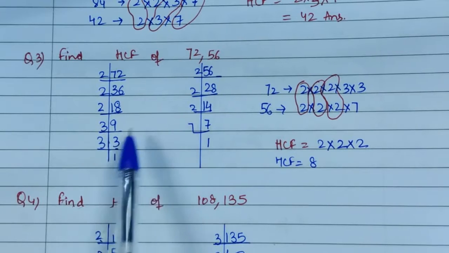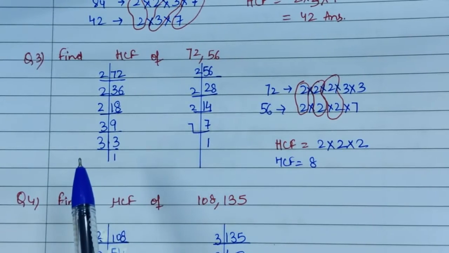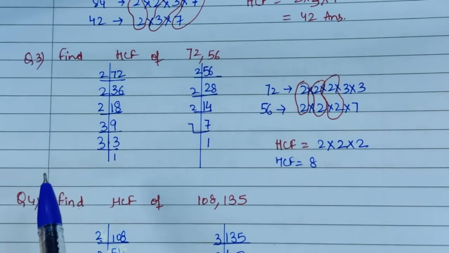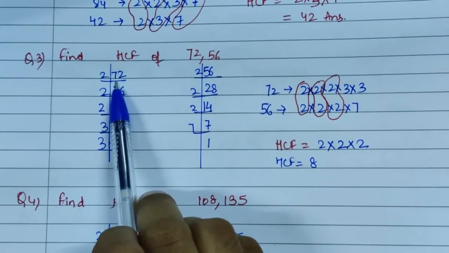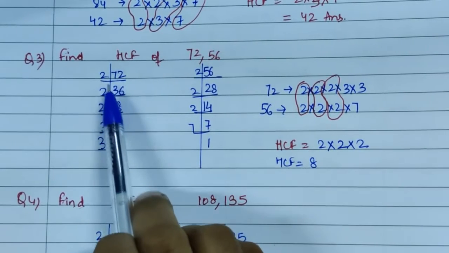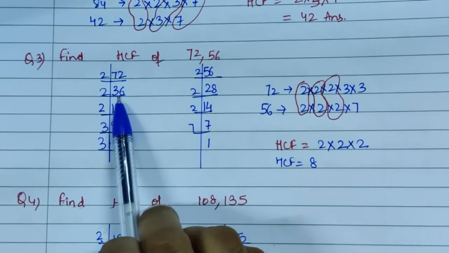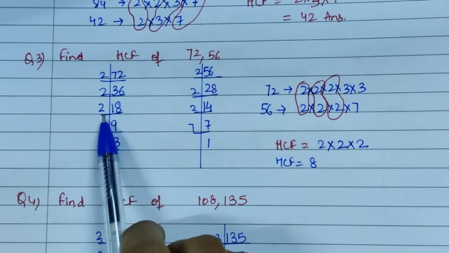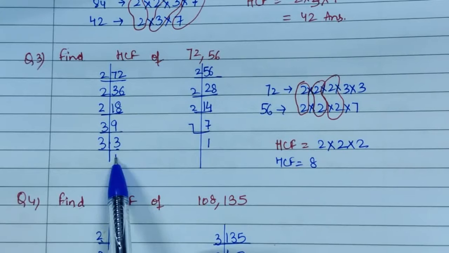Now we have to find the HCF of 72 and 56. The method is the same. You have to follow this method in your exam. First, let us find the prime factorization of 72. 72 divided by 2 is 36. 36 divided by 2 is 18. 2 into 9 is 18, 3 into 3 is 9, 3 into 1 is 3.